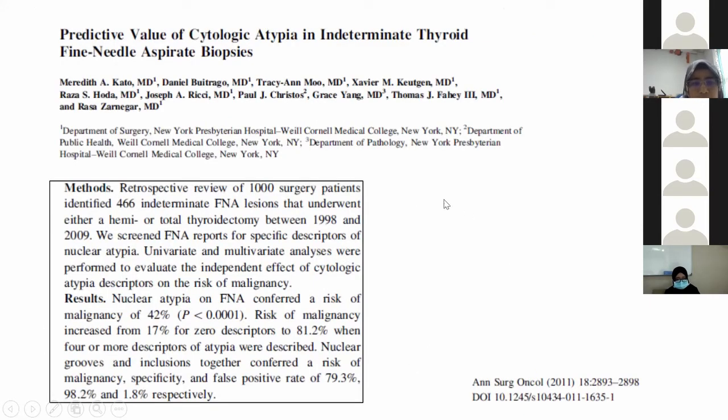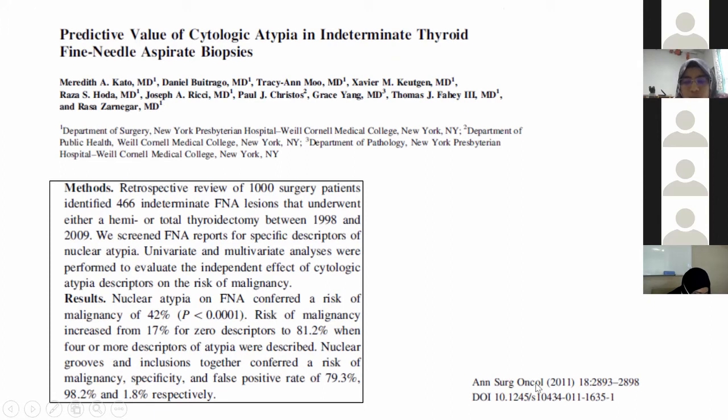And the other study is from New York. They identified the predictive value of cytologic atypia in cases of FLAS. This is quite an old study, published in 2011, but I think it's quite significant for us as histopathologists to mention.